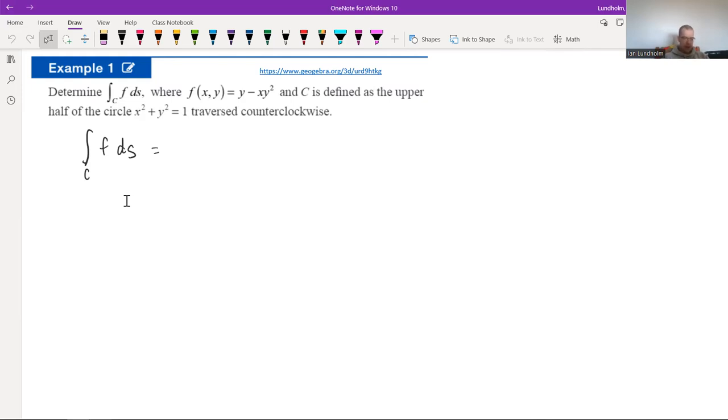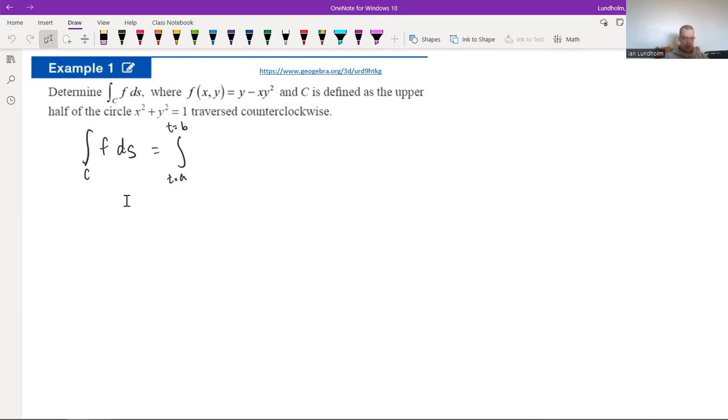But all throughout this, we're going to try to parameterize this in terms of t. So we'll have a starting boundary on t and an ending boundary on t, and that's primarily going to be given to us by the curve that we're trying to parameterize. So we're trying to go over the upper half of the unit circle. That's what we're going to be looking at for the bounds.